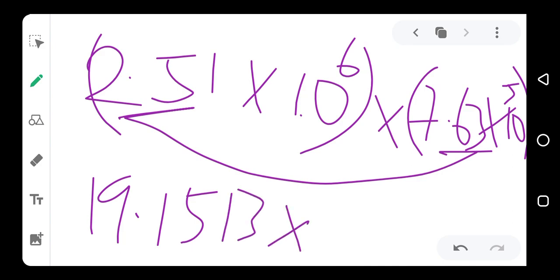Then we take one of the tens, which is 10 raised to power 6 plus 5, which will give us 11. So 19.1513 times 10 raised to power 11. This is the answer.